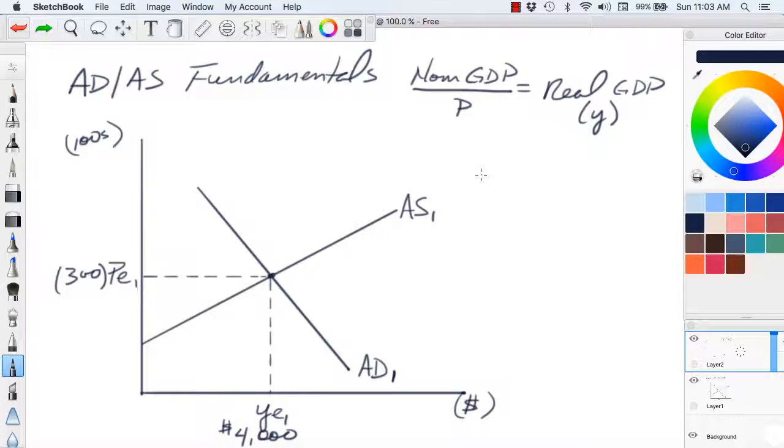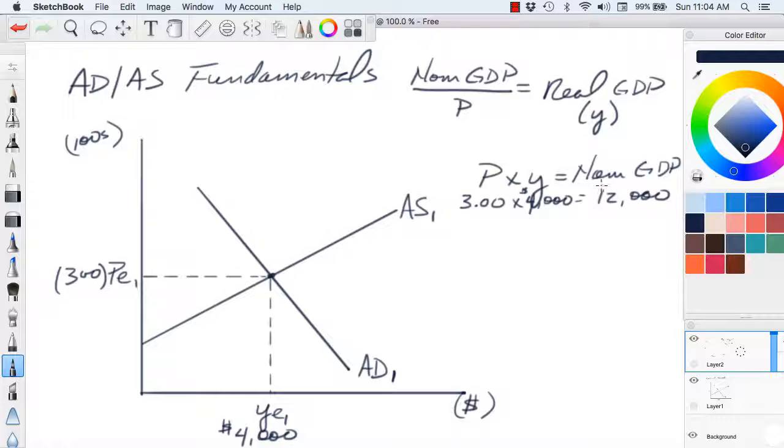So the price level times y equals nominal GDP. Okay? Now, we've already got data here that can show that. So the price level we said is 300, which means prices have gone up 3 times since the base year. Real GDP is 4,000. So the 4,000 goes here, which means nominal GDP is 12,000, 3 times 4.